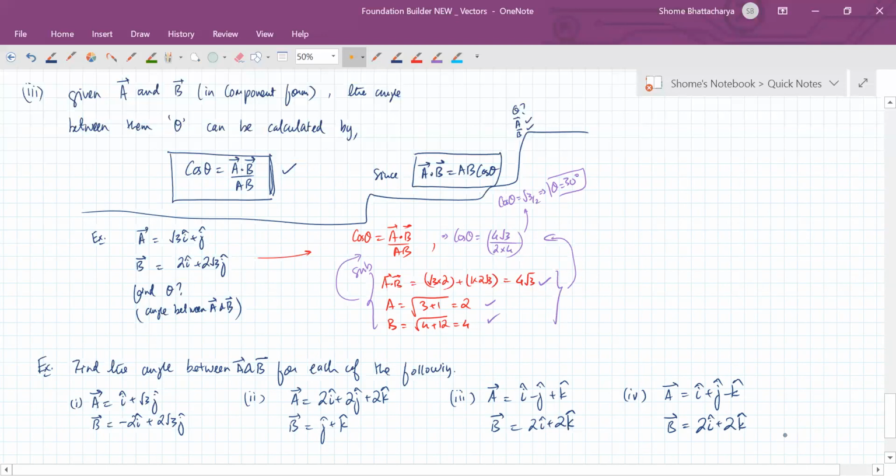Okay, so in each of these you have to just use the formula that I've given you above and calculate the angle between the vectors.